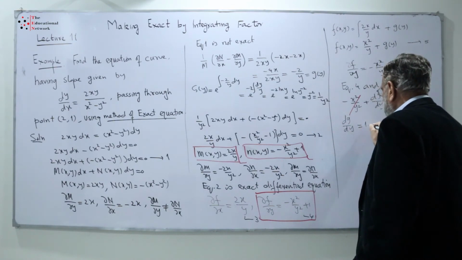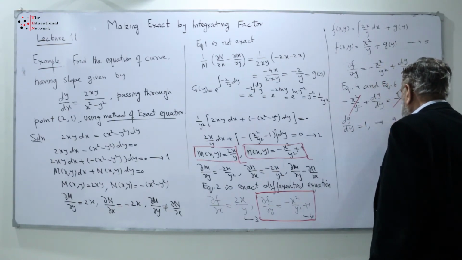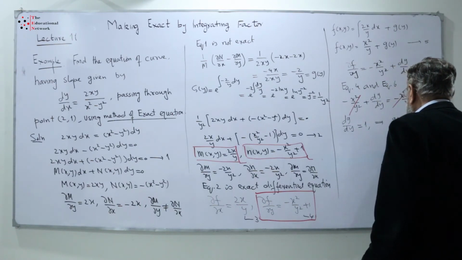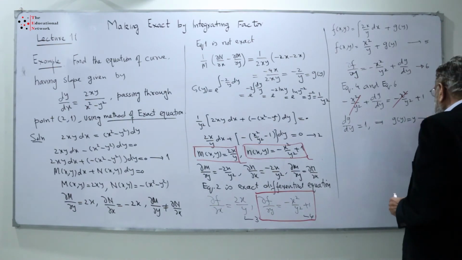is equal to 1. Integrating both the sides, we get g(y) is equal to y. We get this result, g(y) equal to y, and we substitute this in our equation number 5. This is number 7.